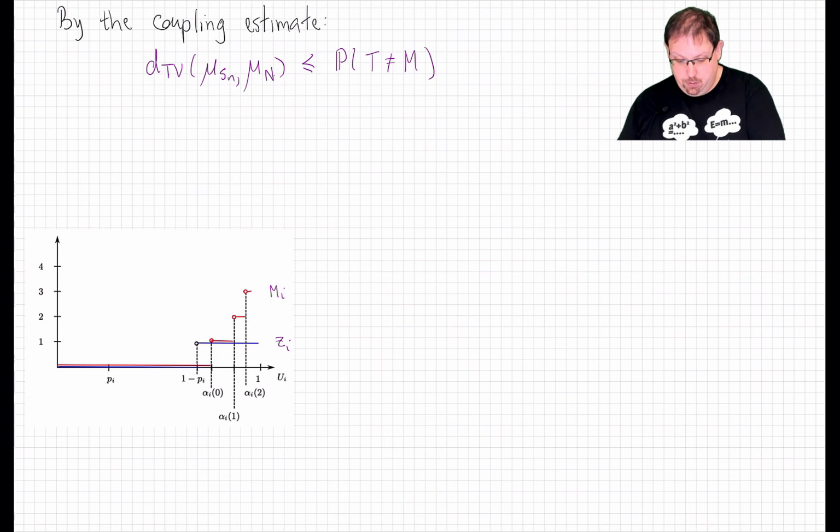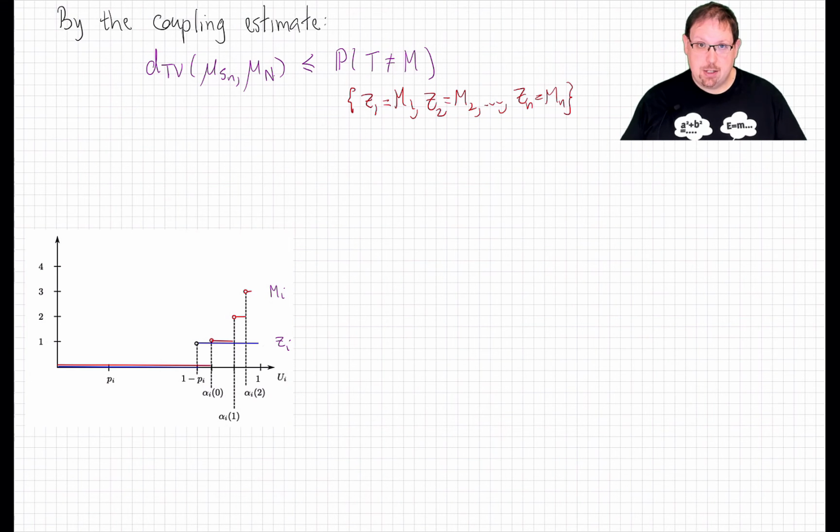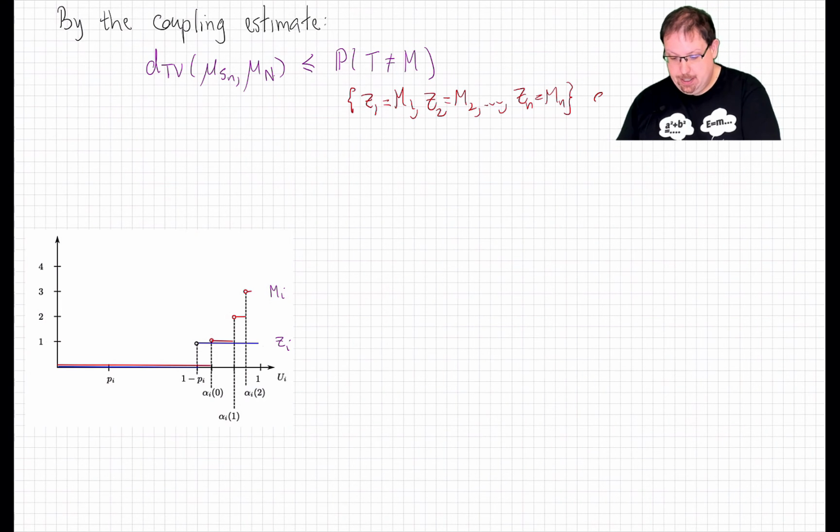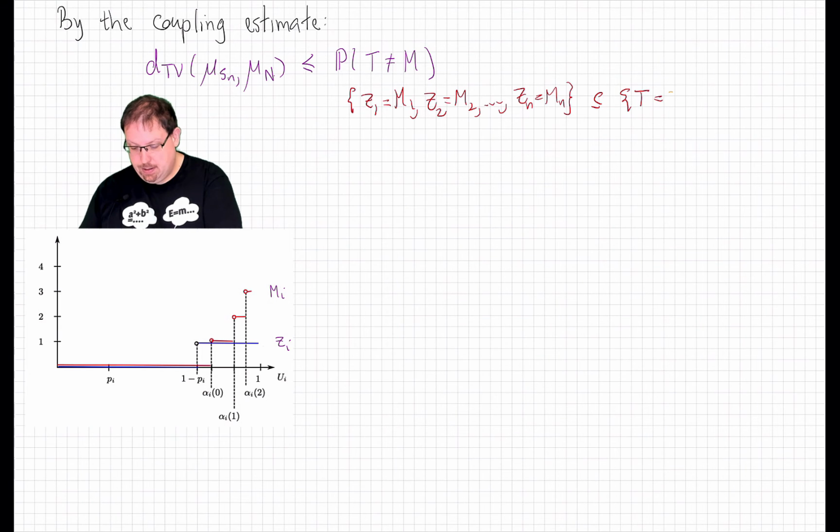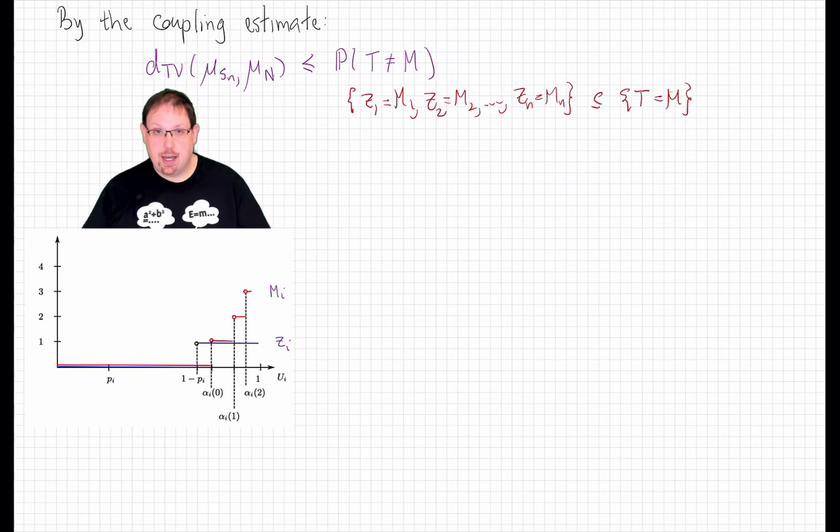Well, we notice, of course, that the event that each term Z_j is equal to M_j for all j, the intersection of all those events, is contained in the event that T is equal to M. If all the terms here are equal to all the terms there, then the sums are the same.